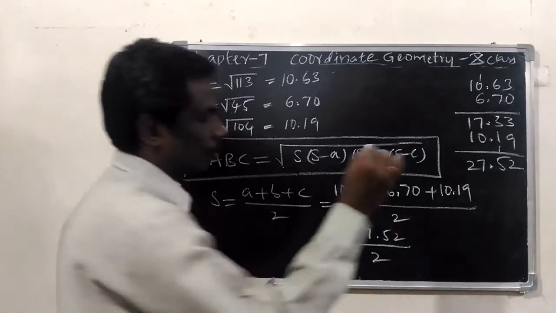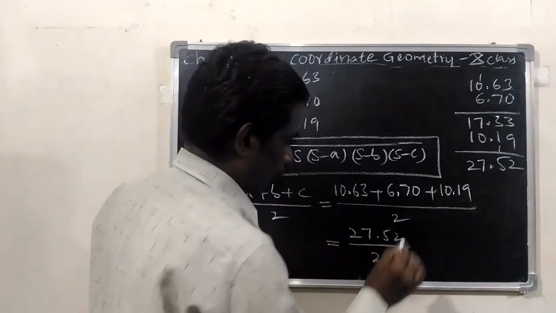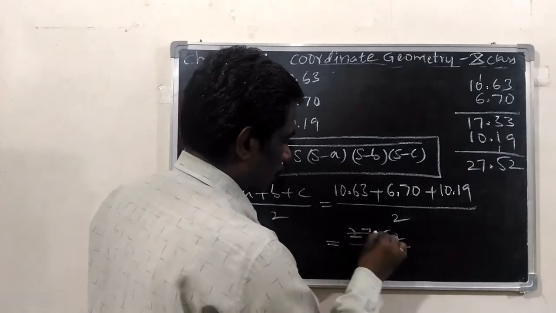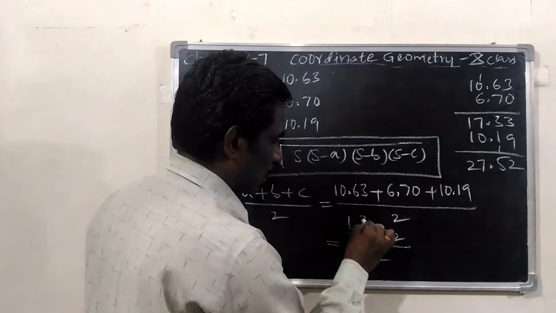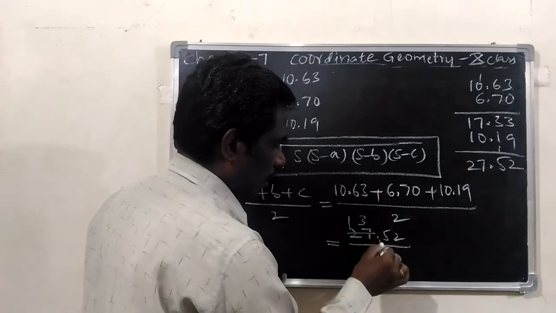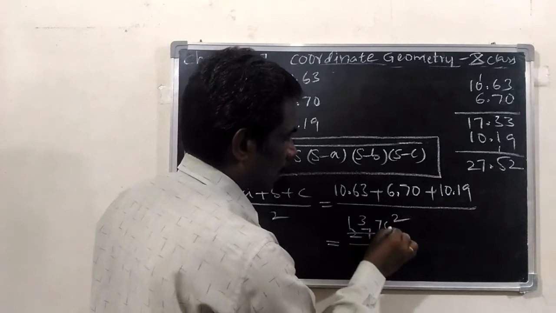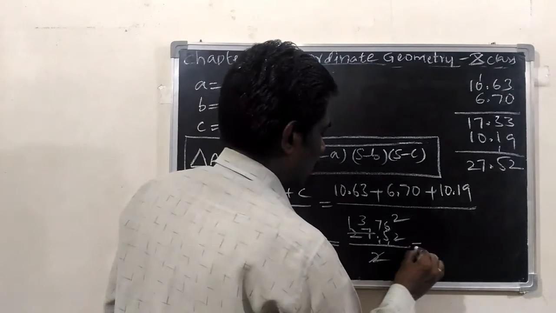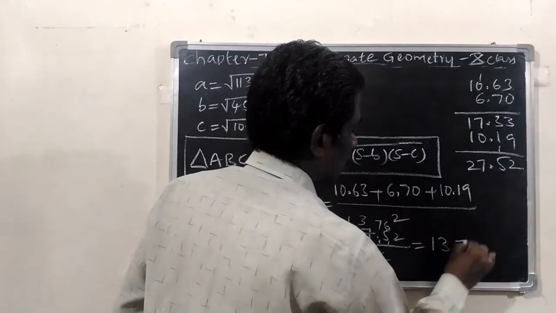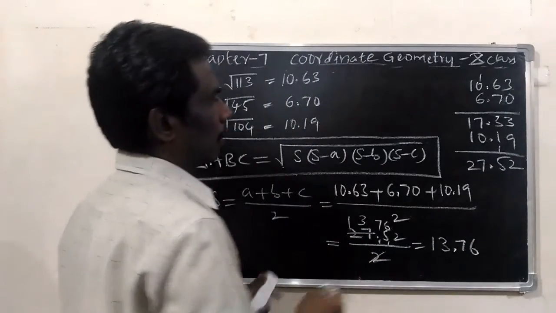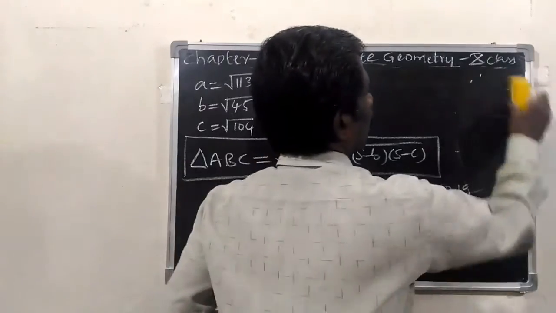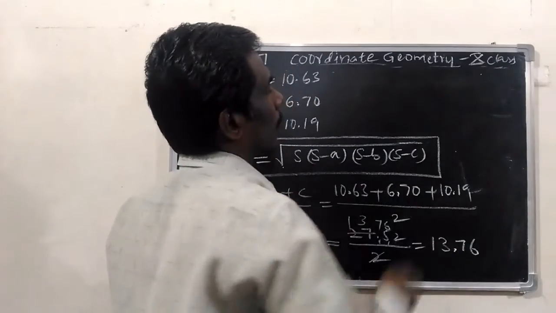Divided by 2, we cancel it, and it equals 13.76. So s is equal to 13.76.